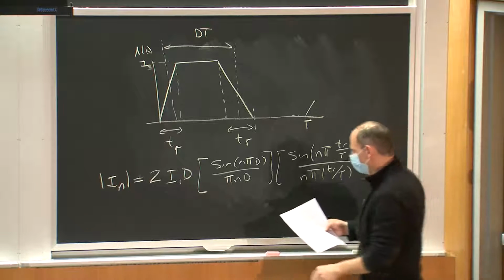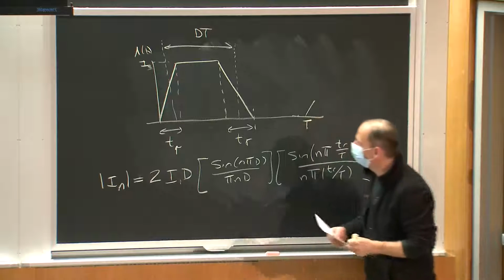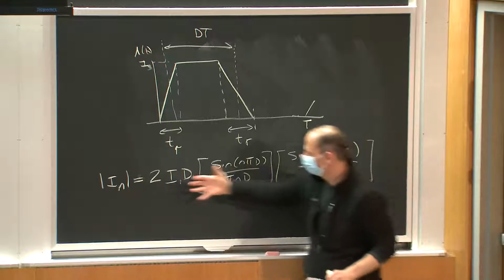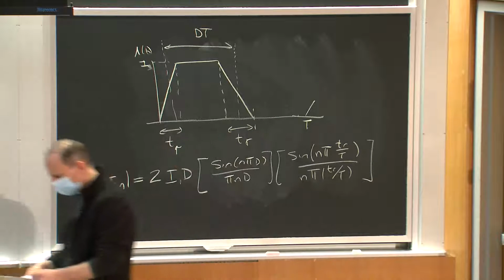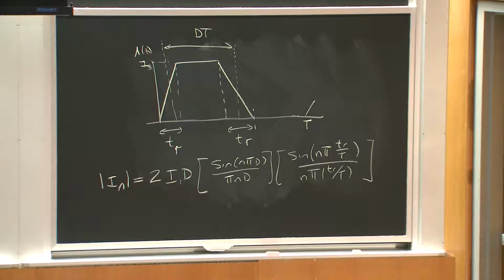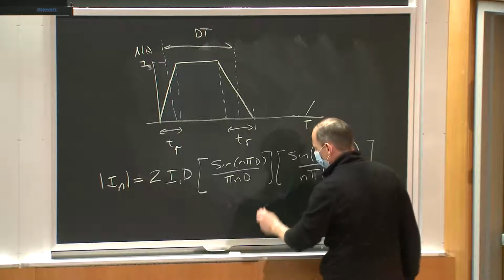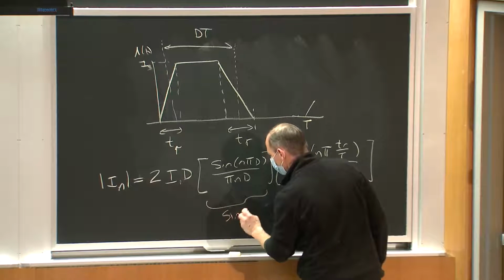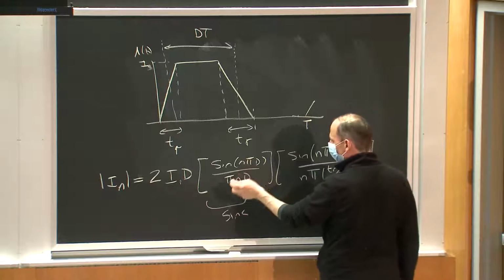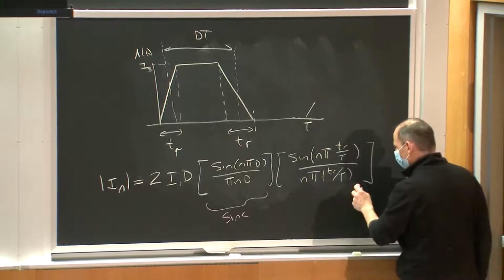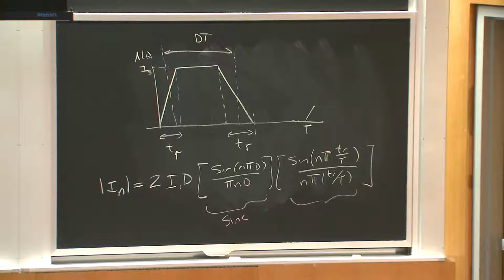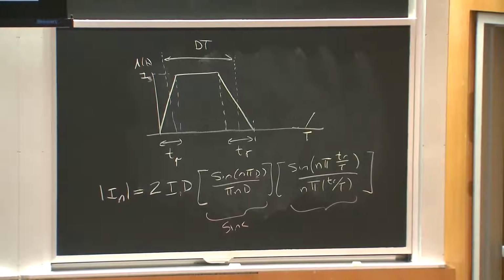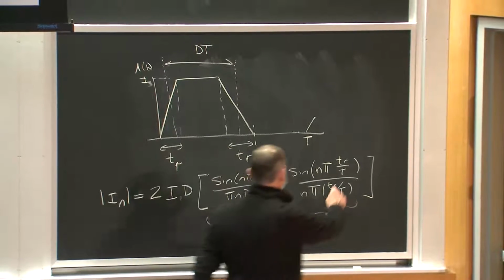So this is the nth coefficient, and the whole waveform is the sum of these individual Fourier coefficients. Okay? So why am I raising this? Each of these is a sinc function, right? This is a sinc function in terms of the duty ratio, and this is a sinc function in terms of the percentage rise time.